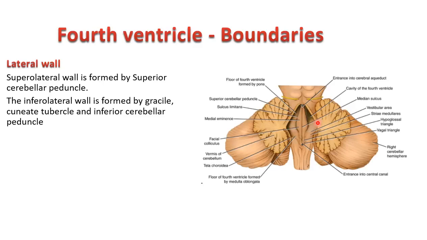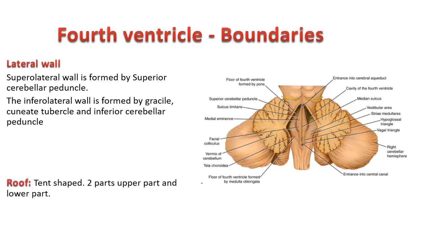Then the inferolateral wall is mainly formed by these two structures you see here. The medial one is the gracile tubercle and the cuneate tubercle, and more laterally you see the inferior cerebellar peduncle. So from medial to lateral, the inferolateral wall is formed by the gracile tubercle, cuneate tubercle and the inferior cerebellar peduncle.